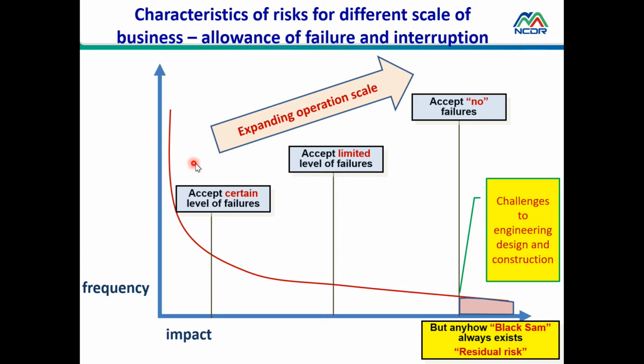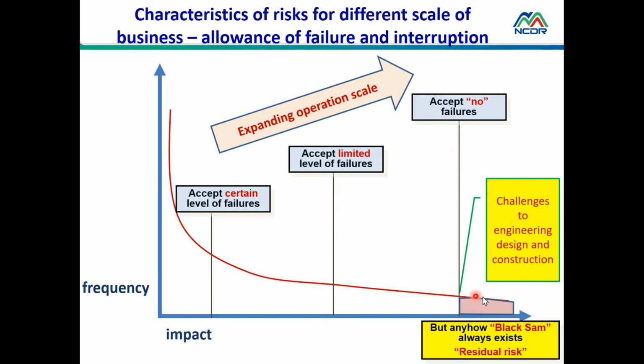But when they expand their operation scale, they might accept only a limited level of failure. Look at here. If any impact happens to the company, because they have some preparedness, the frequency is relatively low, but the impact rises. But for large scale companies, in some philosophies, they accept no failure.